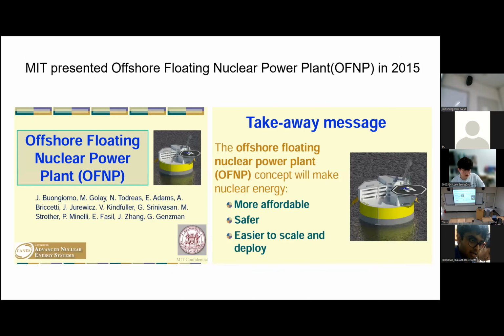And Mr. Han introduced us to the OFNP before. MIT presented an offshore floating nuclear power plant in 2014 and 15.